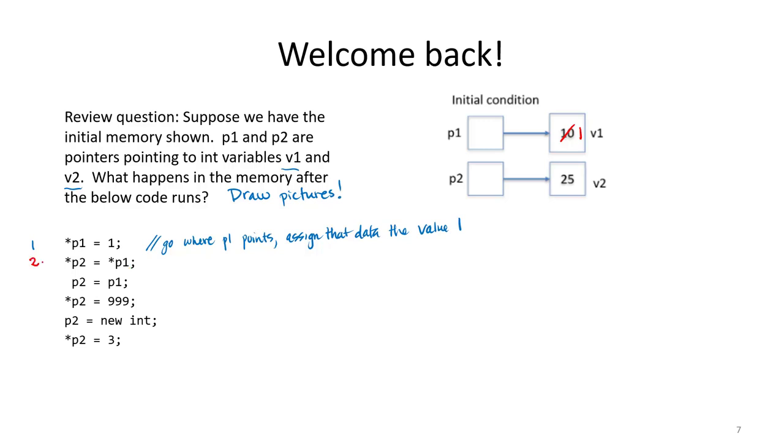Let's look at line 2 next. In line 2, we have asterisk P2 equals asterisk P1. Remember, the asterisk is going to tell us once again to go where P2 points, and we're going to make that data the same value as the data P1 is pointing at.